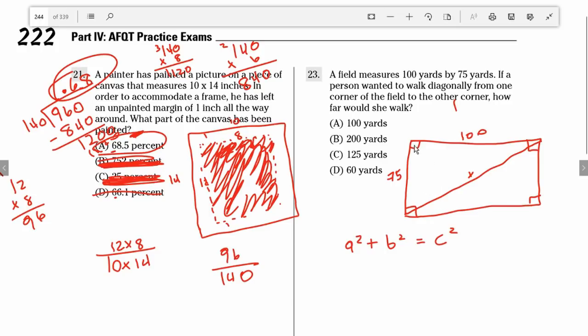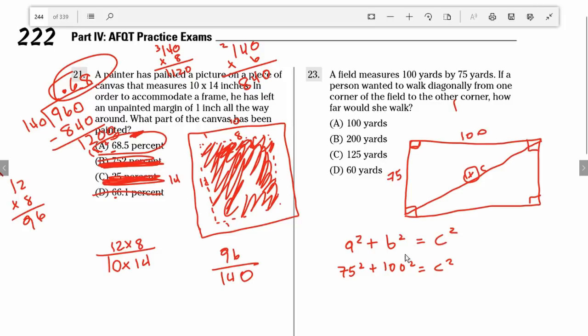The hypotenuse is always directly across from the right angle, so the c in this case would be right here, the x or the c, however you want to denote it. And we have the 2 lengths of our legs. So we can plug these in. 75 squared plus 100 squared equals c squared, or x squared, whatever you want to put in there.